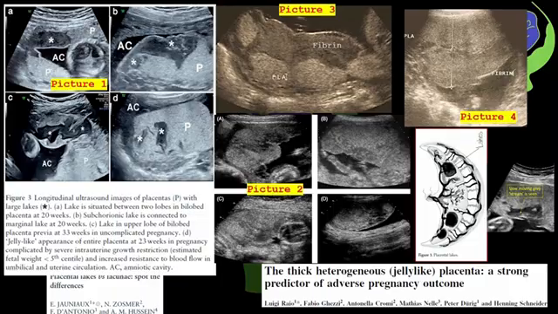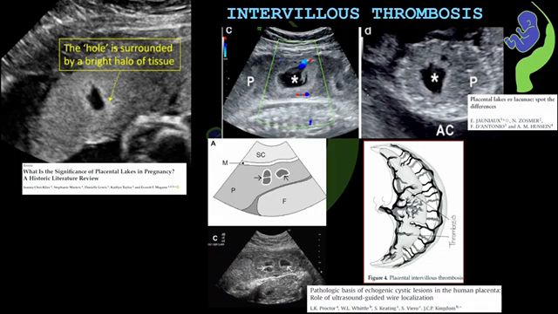In this picture, you can see almost like a small hole in the center of the placenta surrounded by a bright halo of tissue. This is diagnostic of intervillous thrombosis. Now let's see what is intervillous thrombosis. Intervillous thrombosis is nothing but maternal blood that has stagnated within the placenta and coagulated. Such coagulated blood will be surrounded by fibrin deposition, which essentially blocks free circulation in that region.